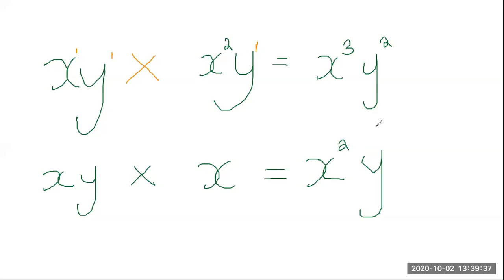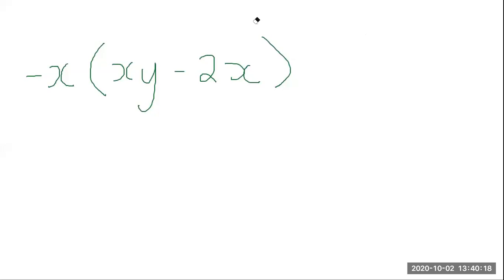Now let's do an example where we're including the whole polynomial. Say for instance, we have this example. When you multiply, do the distributive property.